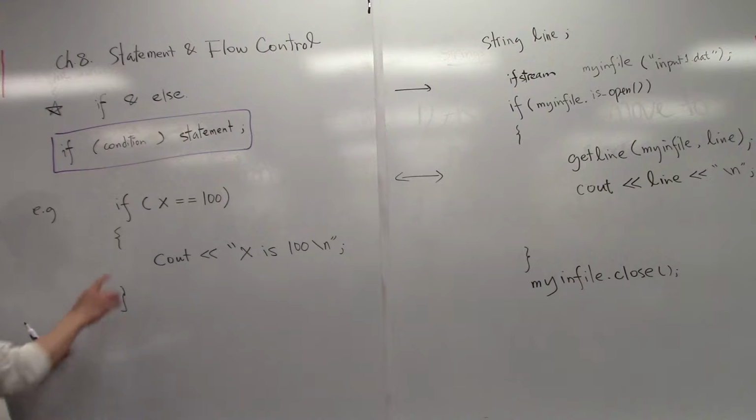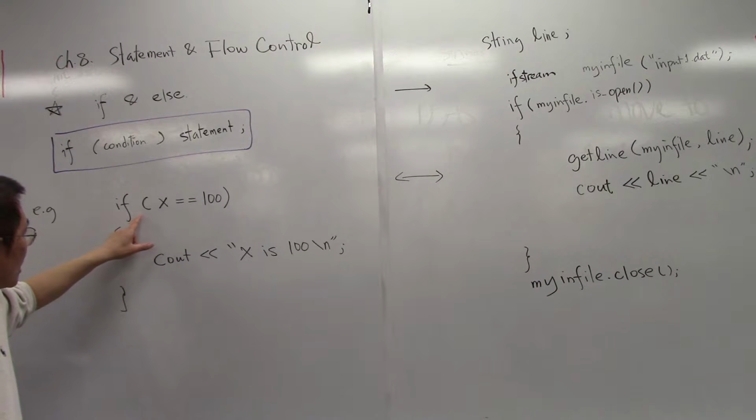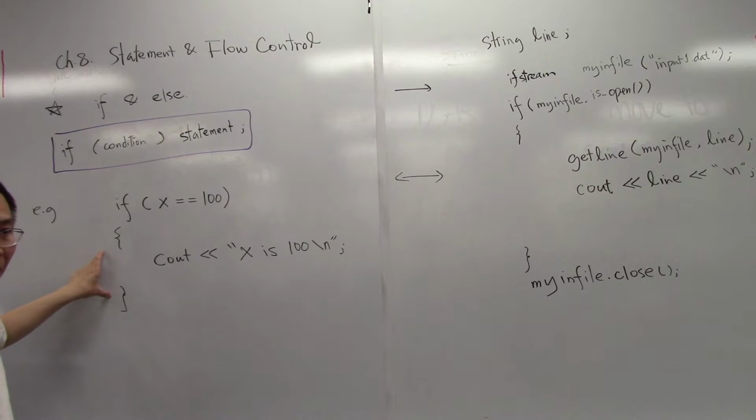For a single statement like that, the curly brackets are optional. You can leave them out, but for readability, it is always good to have a pair of curly brackets. And when you have two statements that you want to be put under the control of if, now the pair of curly brackets are necessary.